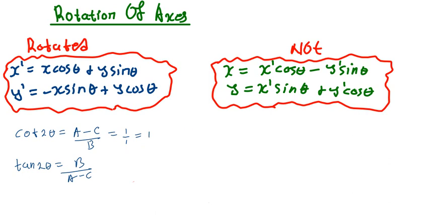What is 45 in terms of radians? It is pi over 4, right? Because 90 is pi over 2, so divide this by 2, you get 45, and that's what you're going to use.